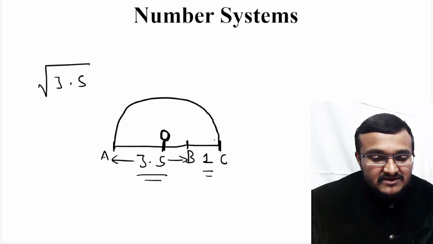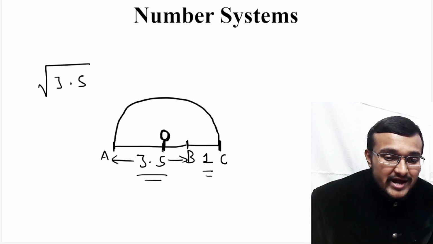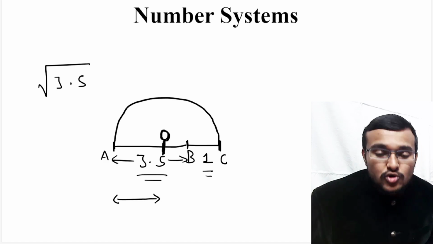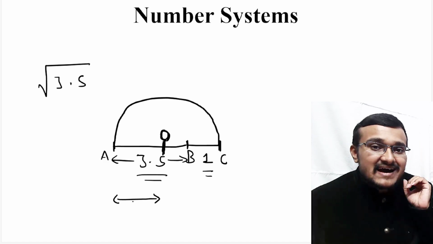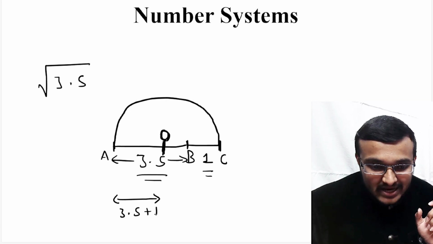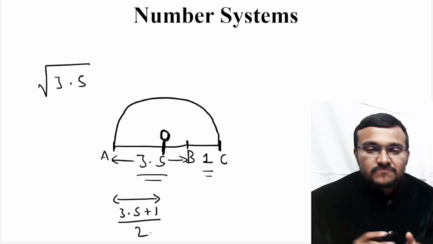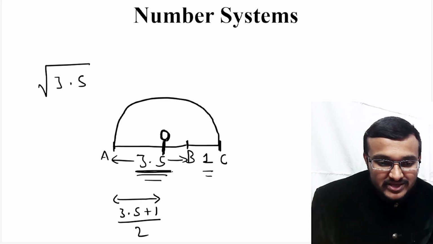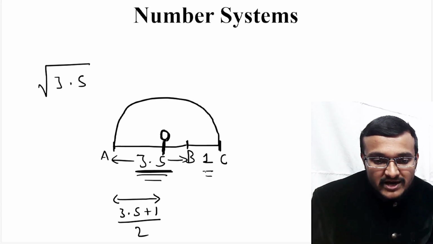So now you have a semicircle with O as the center, and the radius, A to O, can be considered as 3.5 plus 1 divided by 2, because you have 3.5 from A to B and from B to C you have 1.